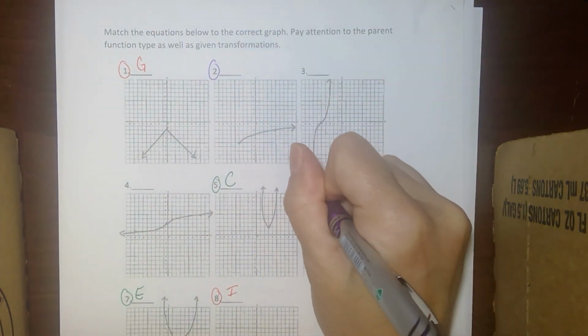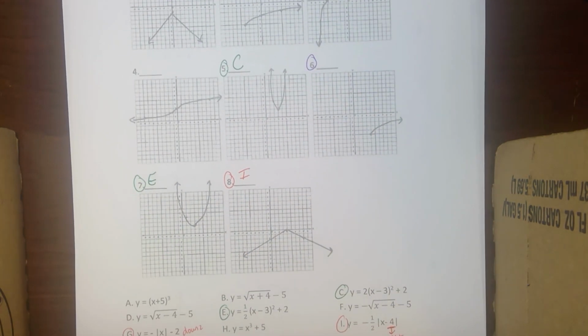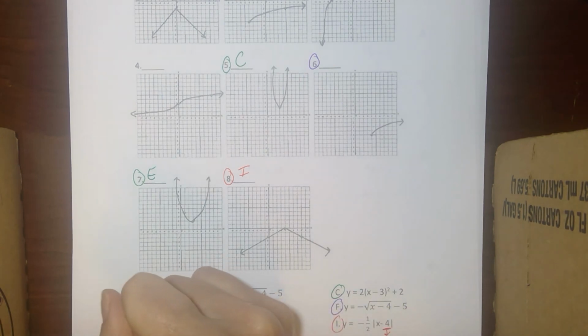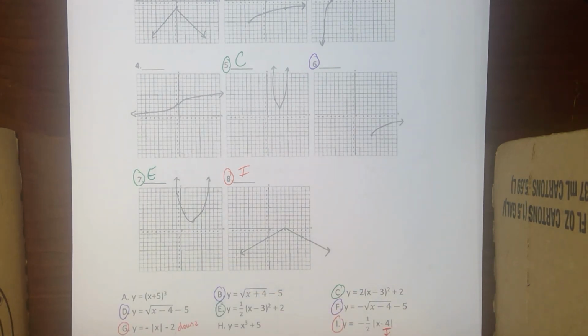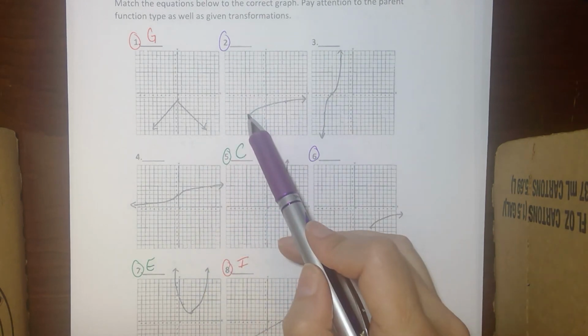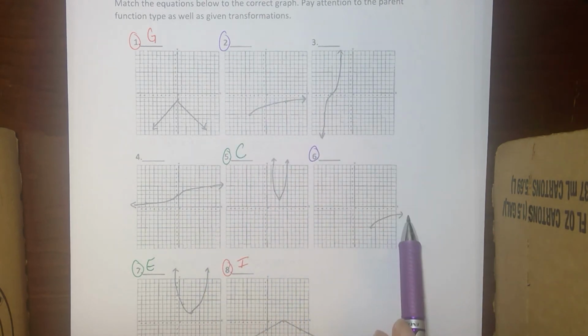Let's do 2 and 6. When I go look at my equation list, I see that B is a square root function, F is a square root function, and D is a square root function. Well, I only have 2, so I know one of those isn't going to be used. Both of these square root functions are still traveling the same direction.